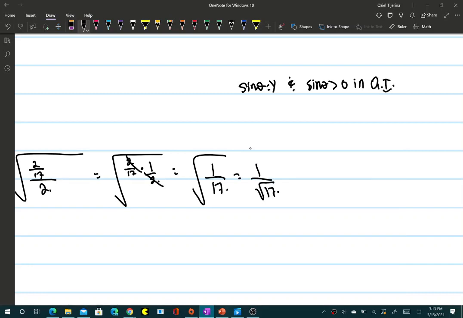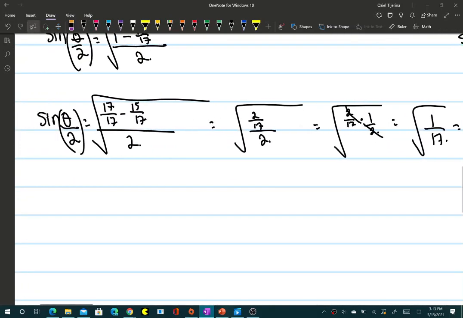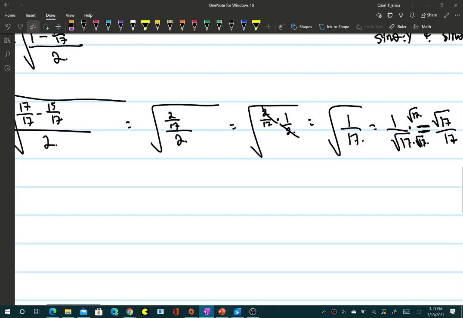You can rationalize this and say that this is equal to the square root of 17 over 17. How I did this was I just basically multiplied by the square root, and I got square root of 17 over 17, okay? So this would be sine of theta over 2.